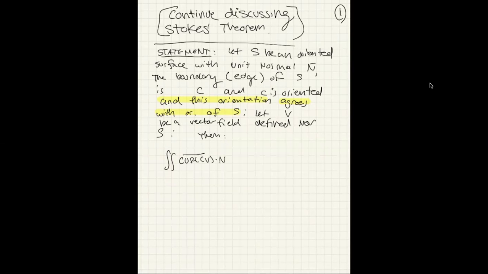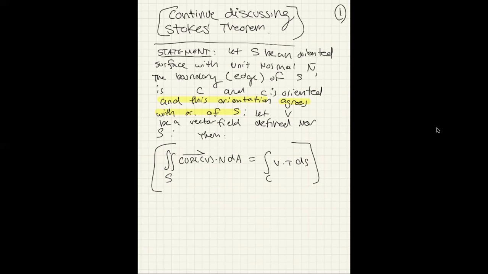Okay, so we talked about how to interpret this quantity on Wednesday. So this is an integral over the surface. Stokes theorem says that this is equal to the work done on the outside, the integral of V dot T ds. So this is just a reminder of all the lead up to this on Wednesday.